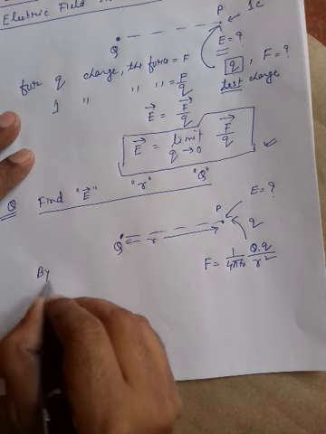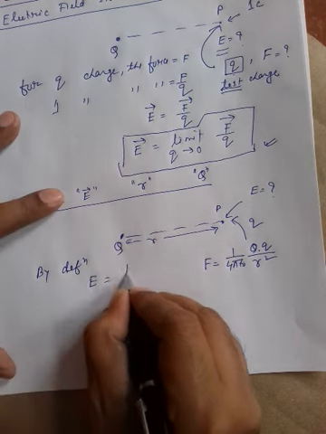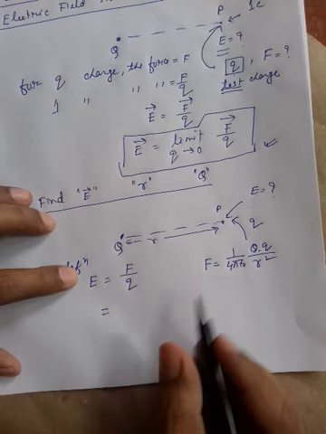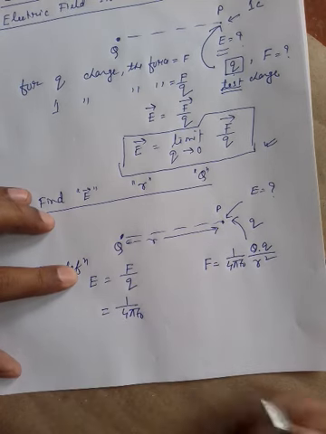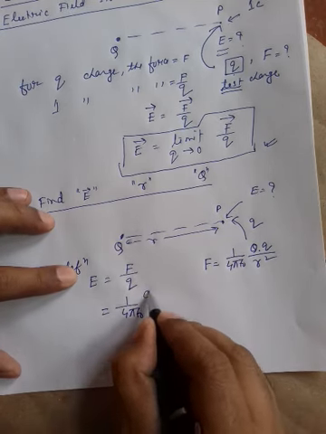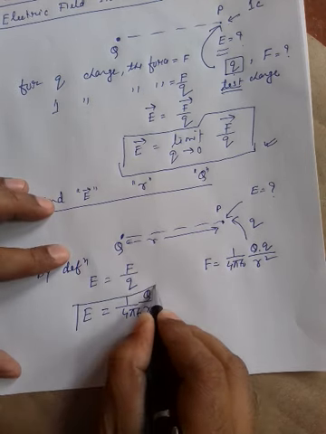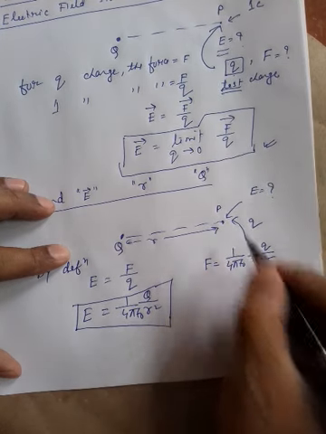By definition, electric field is F by Q. F is this divided by Q, so it is 1 by 4 pi epsilon naught capital Q by r square. So this is the value of the field at this point.